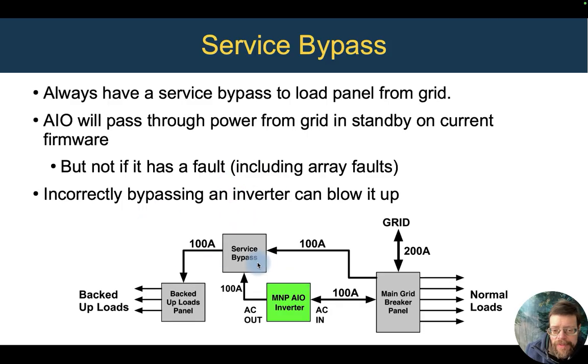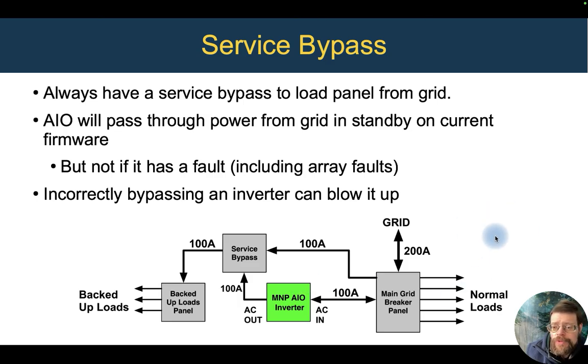The all-in-one inverter can pass power through even when it's off, when it's in standby with the current firmware. But if it has a fault, and that includes array faults, it does not pass power through.